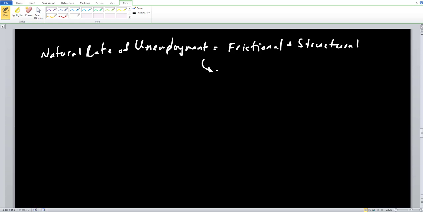So exactly where cyclical unemployment equals zero.